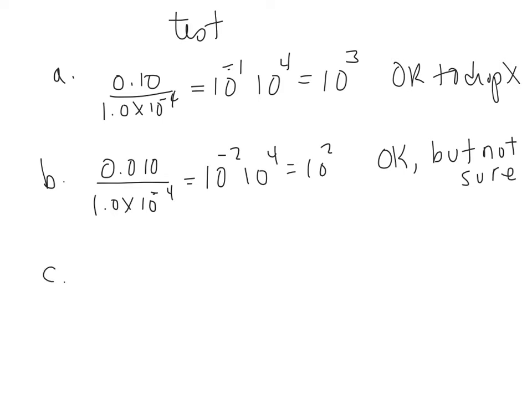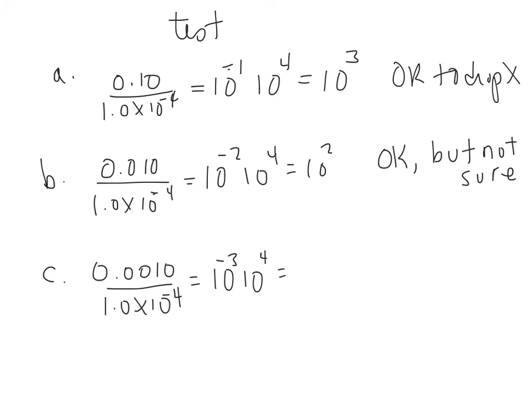Then for part C, the solution becomes even more dilute, and we're comparing 0.0010 to 1.0 times 10 to the minus 4. We get 10 to the minus 3 in the numerator, and multiplying by 10 to the 4th, this will be equal to 10 to the power 1.